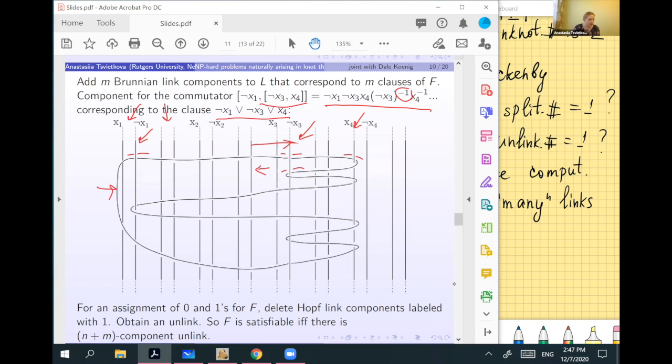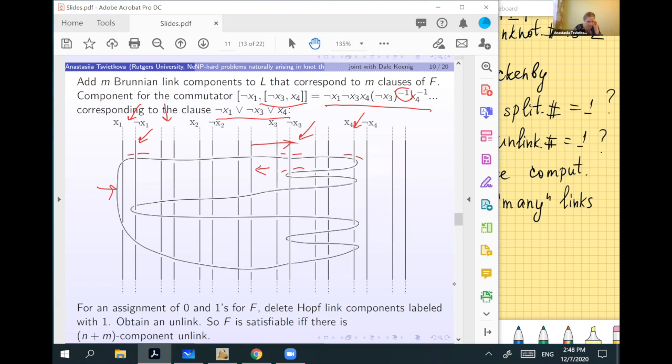And indeed, once you delete, you see every clause has at least one true assignment. So for every clause, I will have one component to delete. So for every sublink of 4 components, where I have, say, not x1, not x3, not x4, and this Brunnian thing, one of them is 1. So I delete it, and I have unlinks.